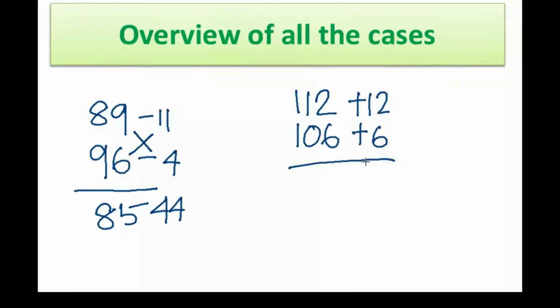We are just multiplying the right-hand side, that is 12 into 6, that gives 72, and then we do a cross addition here. That is 112 plus 6 or 106 plus 12. Whatever we do, we get 118. So the answer is 11,872. So I think these things are quite clear for the people.